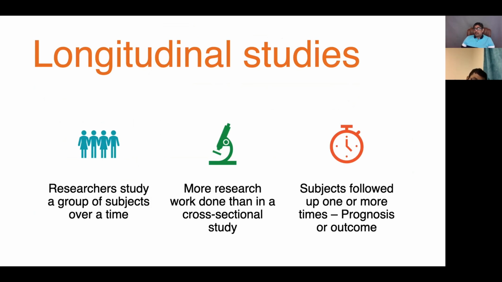The subjects are followed one or more times to assess the prognosis or the outcome of the disease. Longitudinal studies are mainly aimed at surveillance of the disease, or to find out the confounding factors and modifying factors of the disease progression.